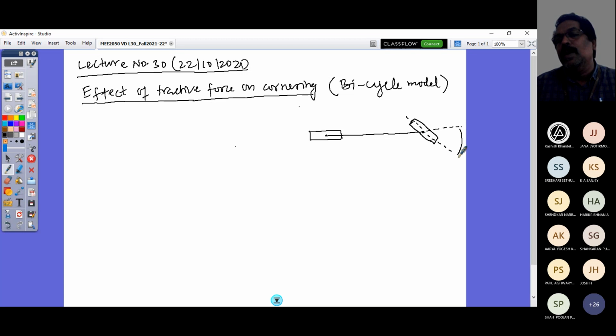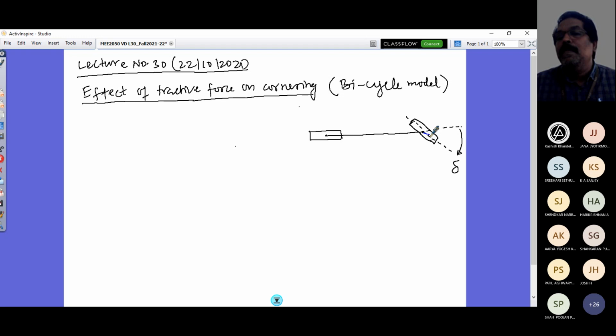So this angle is the steering angle delta, right? Steering angle delta. And now you know that I would have the slip angle developed. That slip angle would be somewhat like this, with an angle alpha f here.